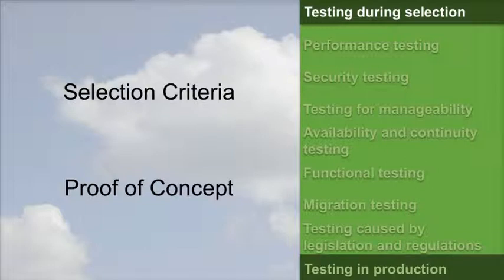Cloud services are not bought but are rented, which means that we have an important advantage. We can use it for a limited time for every evaluation with low cost. This enables the execution of a proof of concept. That means using the candidate cloud service and trying the intended user processes to find out if it works, or finding out that there's a blocking issue, which means we have a showstopper for selecting this service.